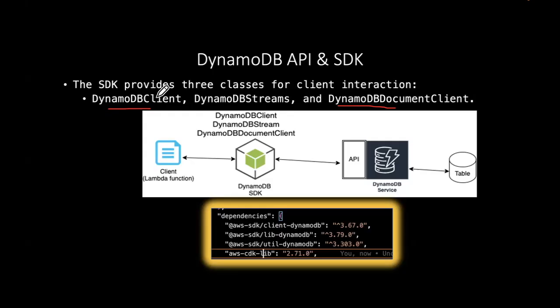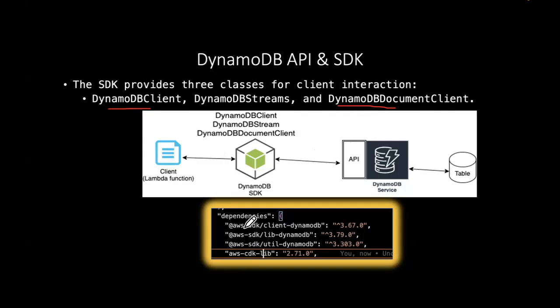So this DynamoDB client is making the native HTTP calls across the network to the service. Clearly, we don't want to be bothering with all of that. So by using the DynamoDB document client, we'll be making more traditional method calls and let the DynamoDB client take care of the low level stuff.